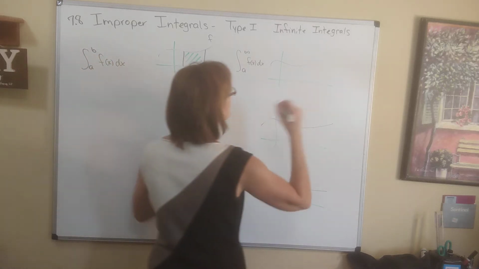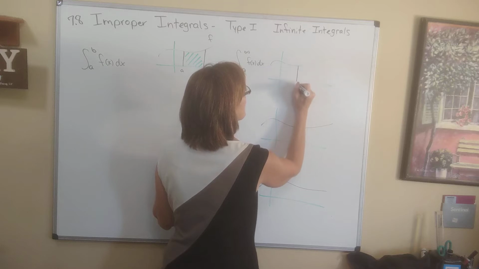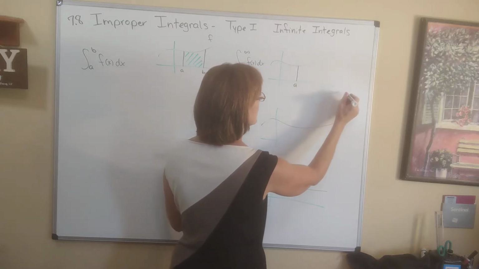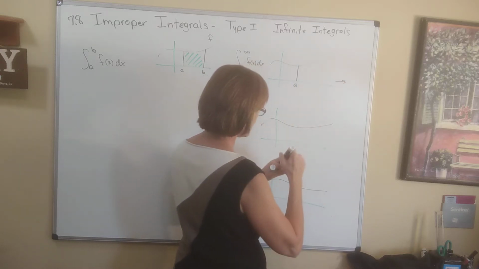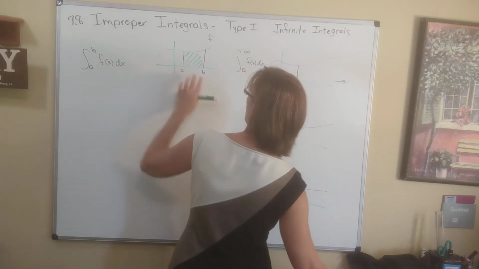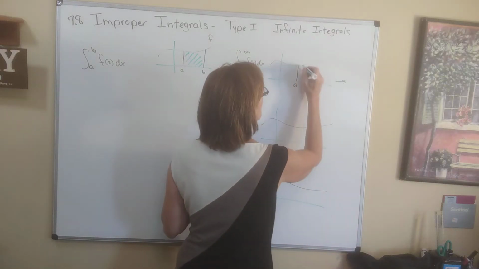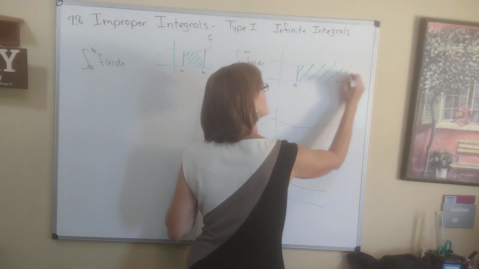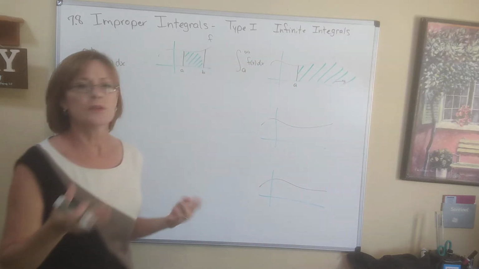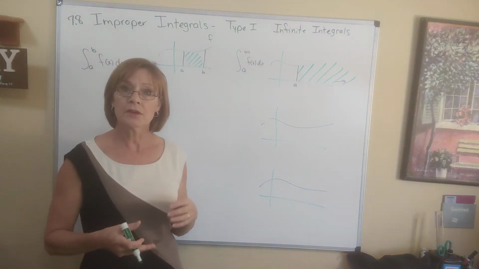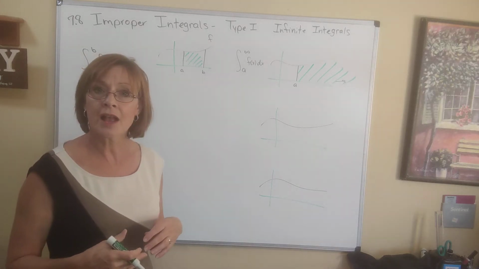We're trying to integrate under the curve from a to infinity, like and beyond, right? So instead of calculating this area, we're looking at all of this. Will it converge? Will it diverge? We have to try to figure that out.